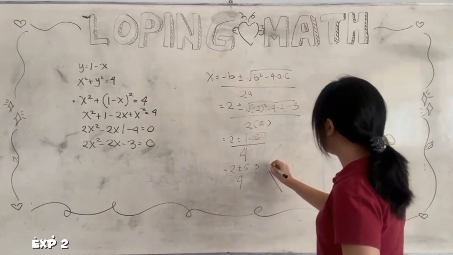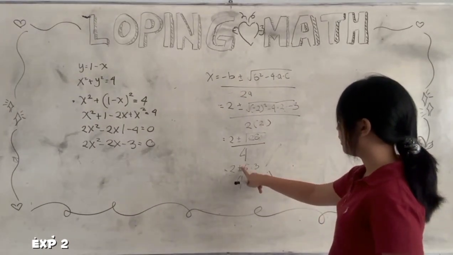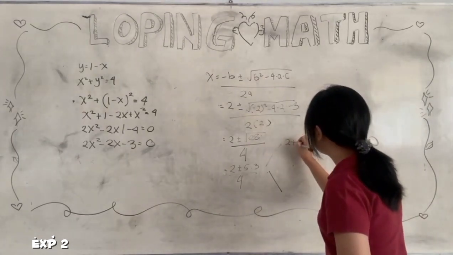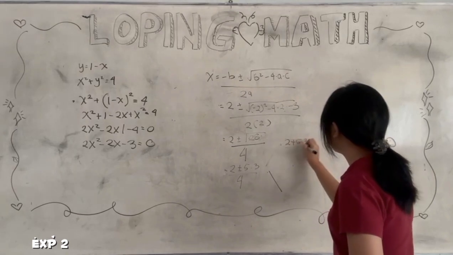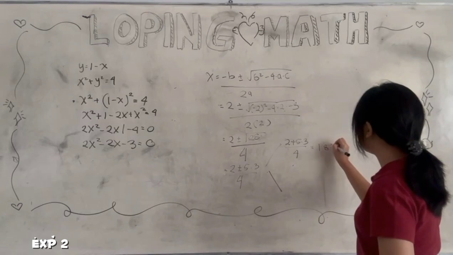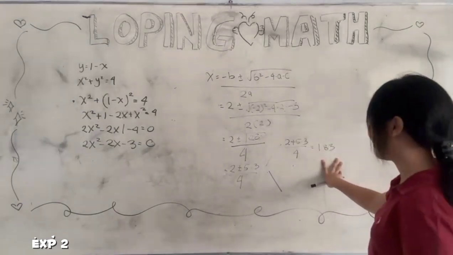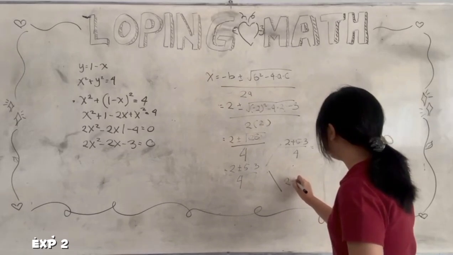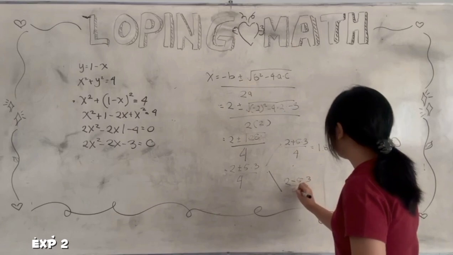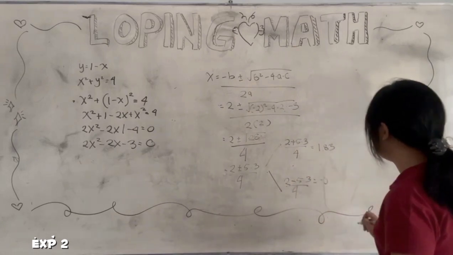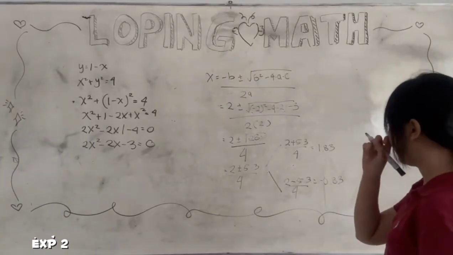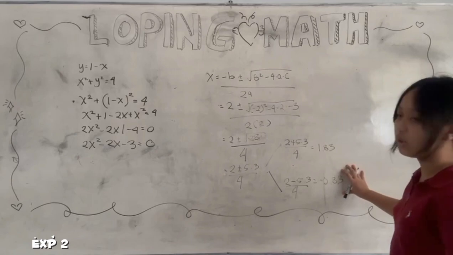The next step is we have to solve this with positive and the other one with negative. 2 plus 5.3 over 4 will be 1.83, as I rounded on the calculator. And then 2 minus 5.3 over 4 will be minus 0.83. We already got the x values here, 1.83 and minus 0.83.